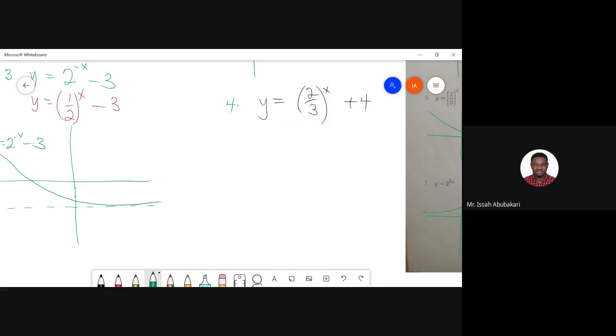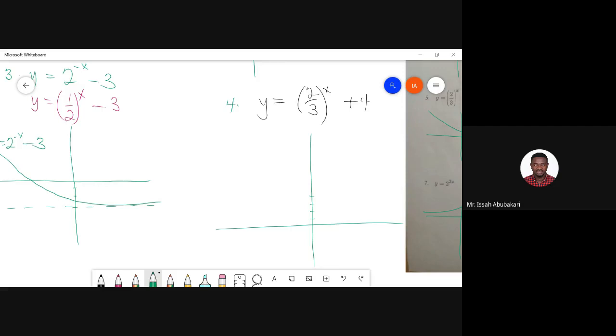At the end, we are going to have our y and x line. I'm giving more space to the positive side because you're going to move up 4 steps. So we go up 4 steps: 1, 2, 3, 4. Then we draw our dotted or broken line through 4.